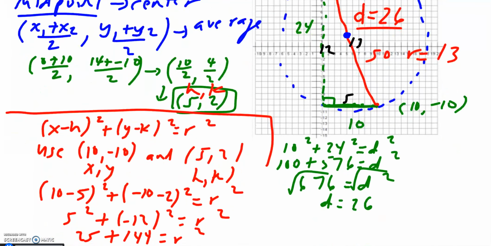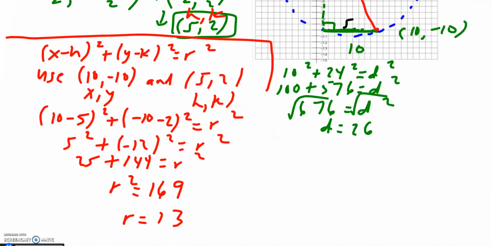If you're interested, we're not done with this problem yet. We haven't actually found the equation, but here is another way you could have found the radius of 13. If you're interested in that, please pause the video now to copy that down and ask questions about that tomorrow. But for now, my final answer would be this. So the center that I had is (5, 2), and the radius that I calculated was 13.